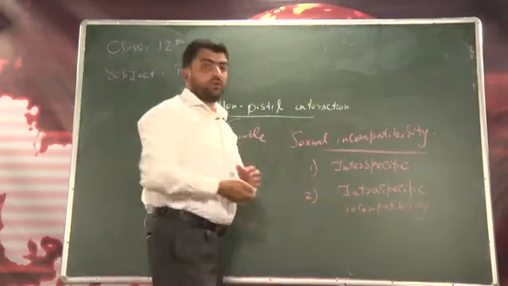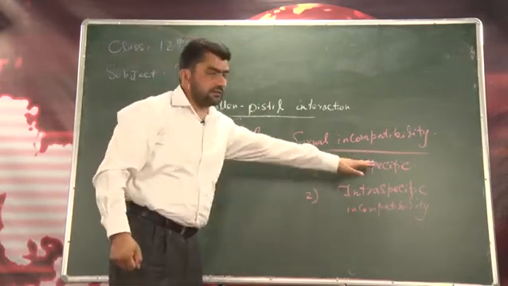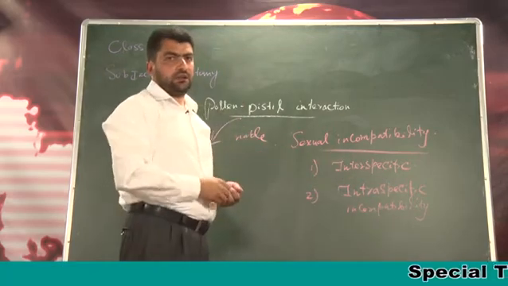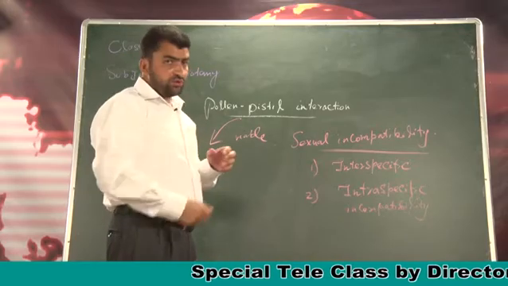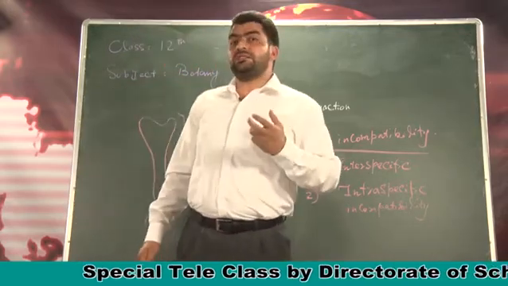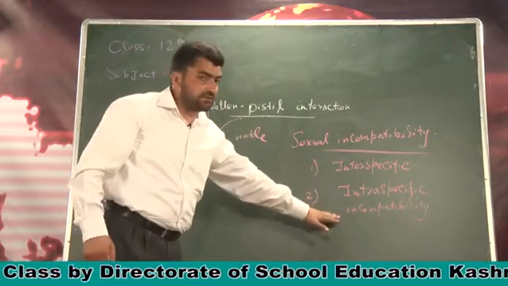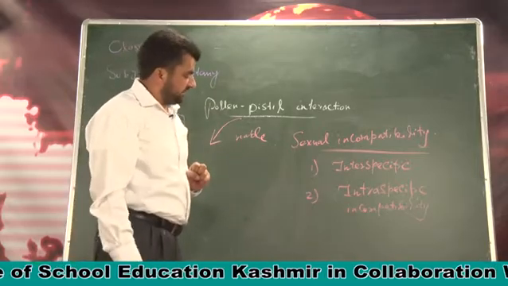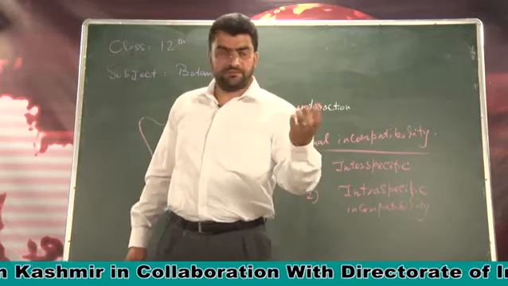Now, see, both are very significant. This interspecific incompatibility defines the boundaries of a species and it allows the species to maintain its distinctness. Now, this intraspecific incompatibility is very significant, in that it allows variation to a certain degree.